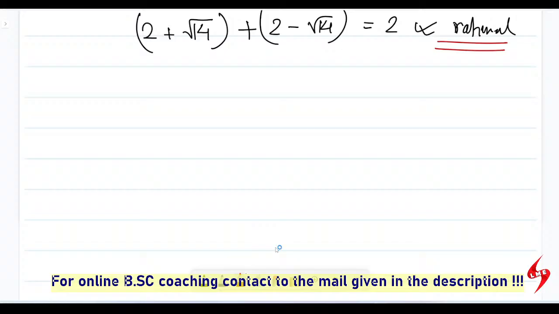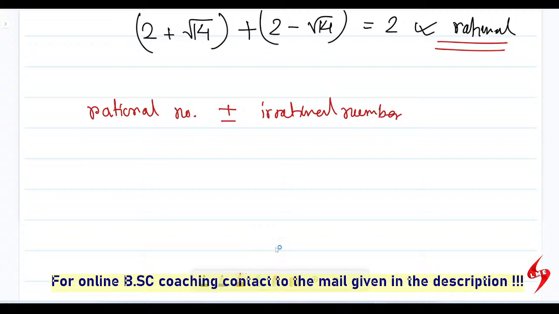Next is a rational number plus or minus an irrational number is always irrational.